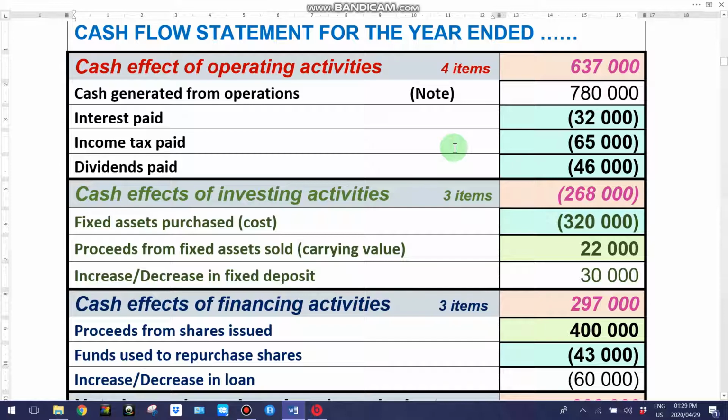And just to give you an example, if I made provisional payments of, for example, 80,000 rands during the year, that 80,000 rands is like an advance payment on my tax, because I don't really know what my income tax is going to be at the end of the year.